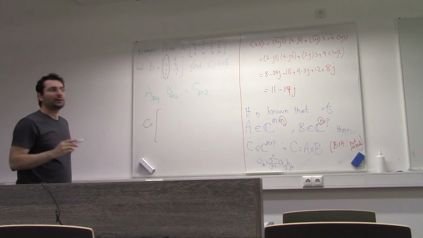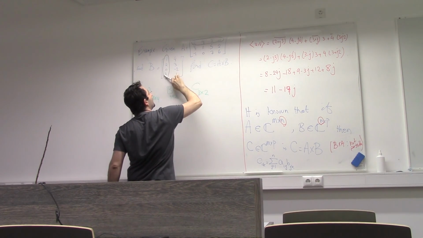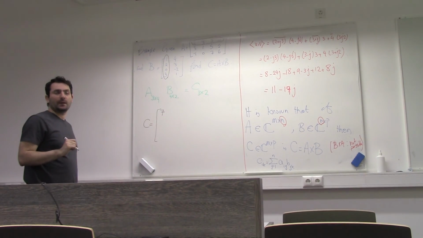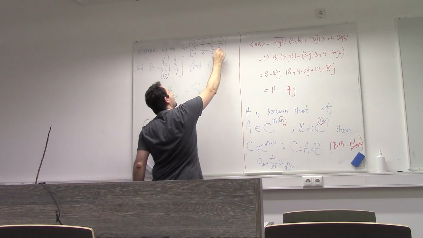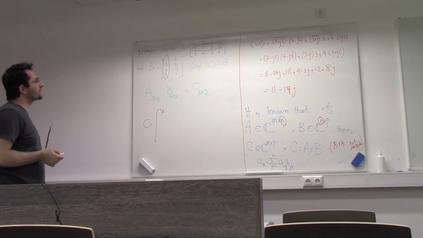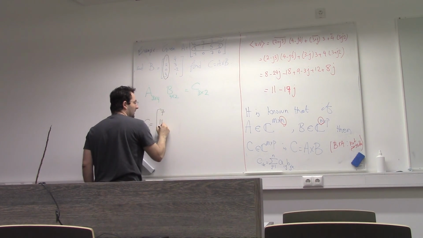And if you do it, 2 plus 8 plus 0 minus 3 is 7. Then we do it for the second row, multiplied by the first column. Then it will be 3 plus 2 plus 0 plus 6, it's 11.